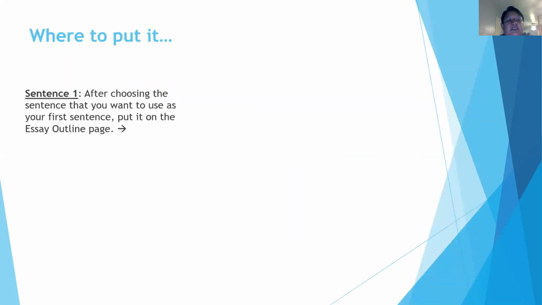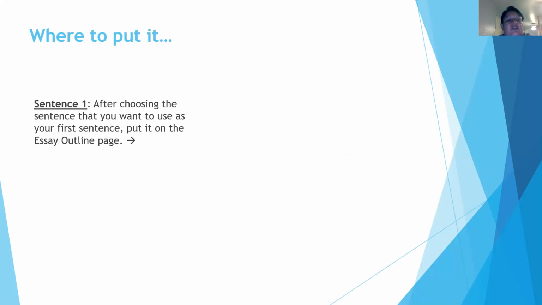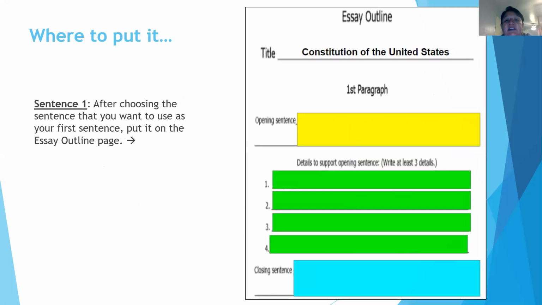So where are we going to put this? Sentence 1, after choosing the sentence that you want to use as your first sentence, put it on the essay outline page. This is the essay outline page. It should be in your writing pad. Type the sentence in the yellow section of the essay outline page.